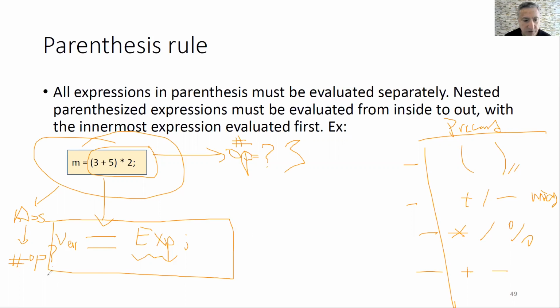I am asking how many operators are in here. Not 0. 4 operators, right? Look, the equal sign means assignment, the first operator, and the rest is 3 operators. 3 plus 1 makes 4 operators in the assignment statement. Is that clear for everyone?